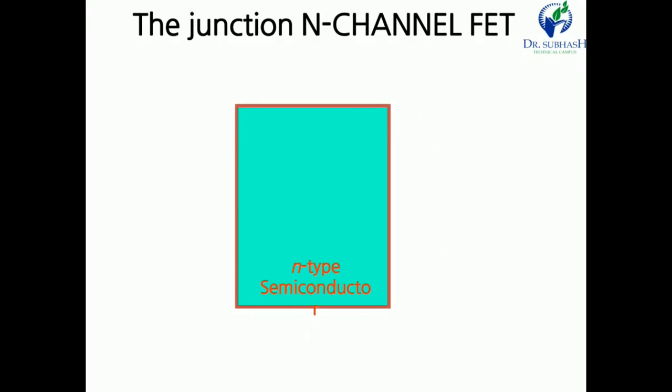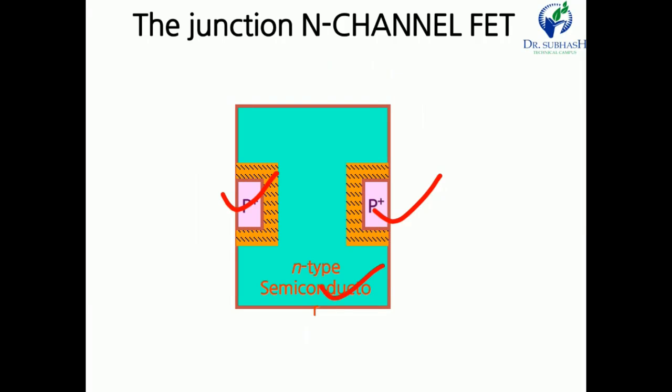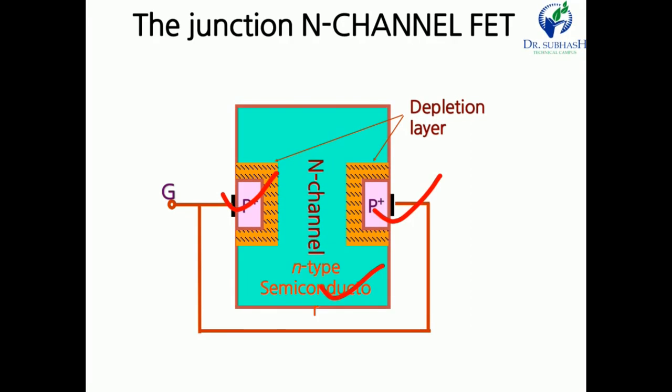So let's start one point by one. This is the N type semiconductor, and these are the P type. These two P type semiconductors are the gate. Whenever you connect the gate, there are three terminals. Let's see the diagram, then we can understand easily.